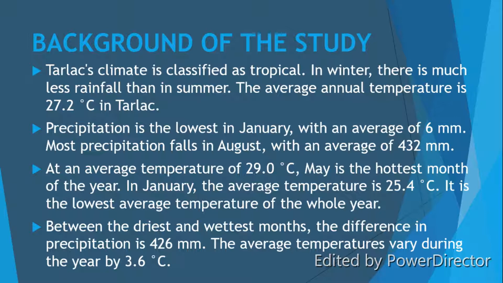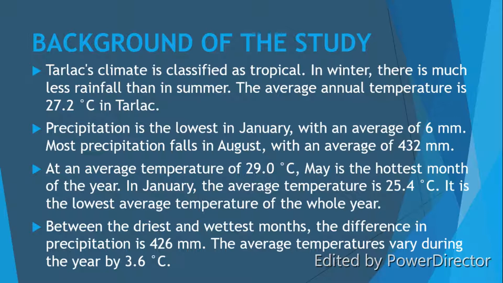Most precipitation falls in August, with an average of 432 millimeters. At an average temperature of 29 degrees Celsius, May is the hottest month of the year. In January, the average temperature is 25.4 degrees Celsius. It is the lowest average temperature of the whole year.